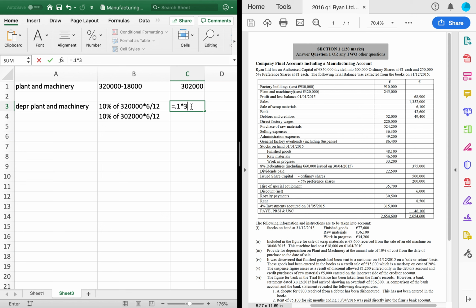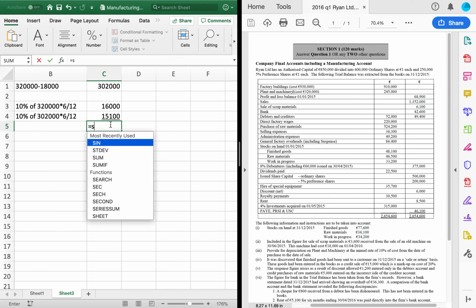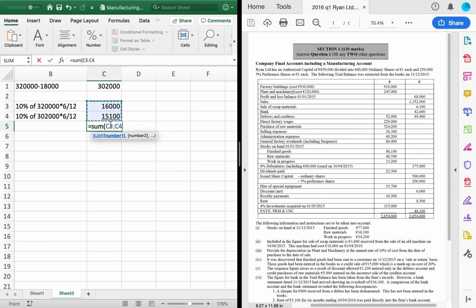So 10% of 320 by 6/12 and 10% of 302 by 6/12. We add them together, and that's your depreciation for the year. So that'll be 31,100.